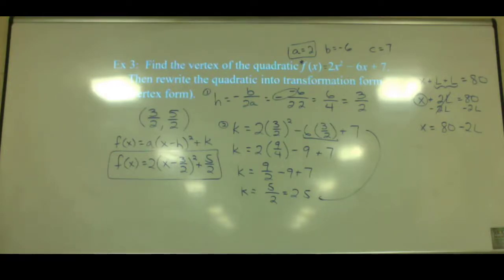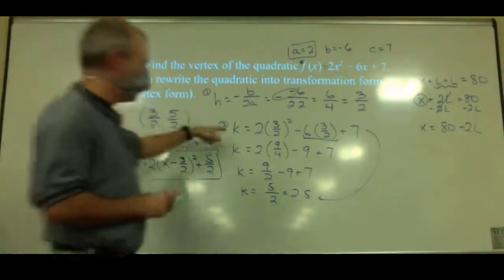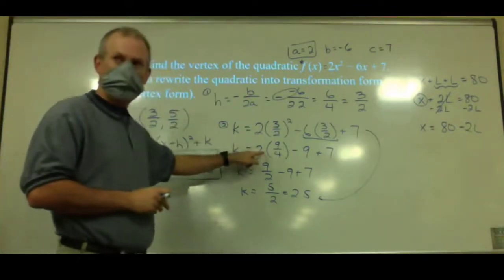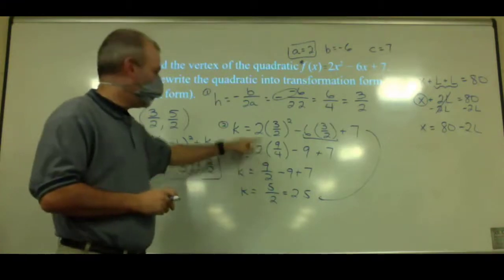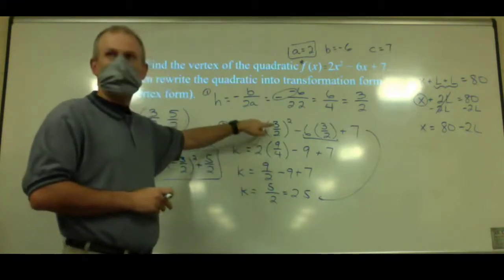What's that? The 2 times 9/4, the step before that. How'd you get that? Okay, wait a second. We did 3/2 squared.